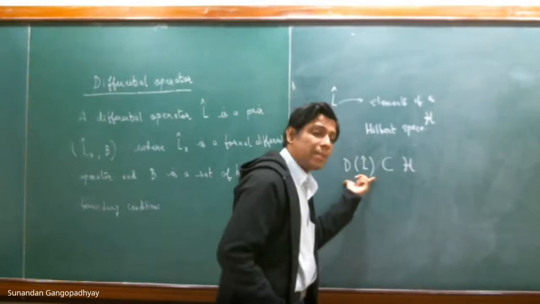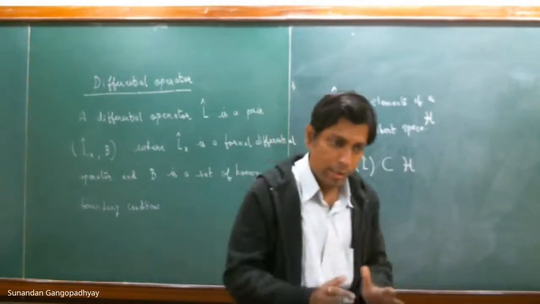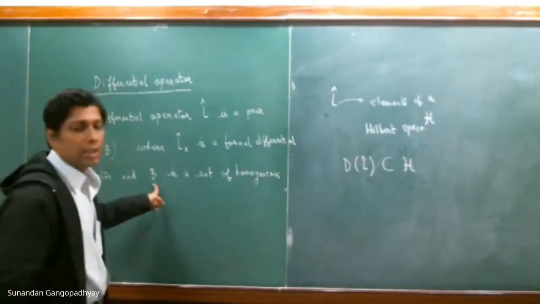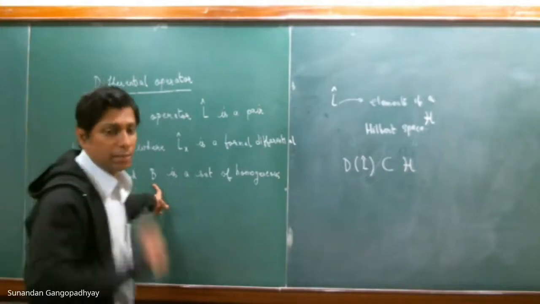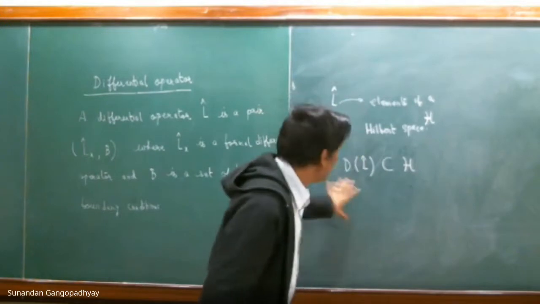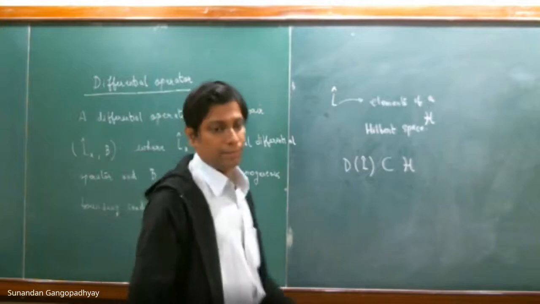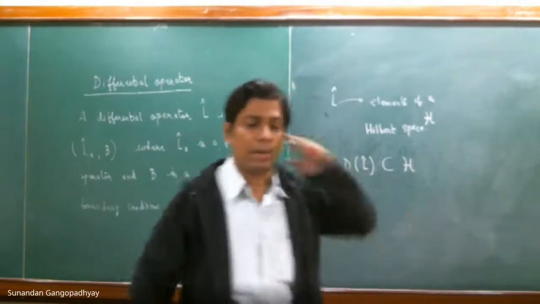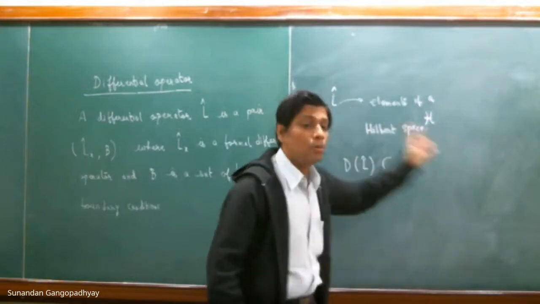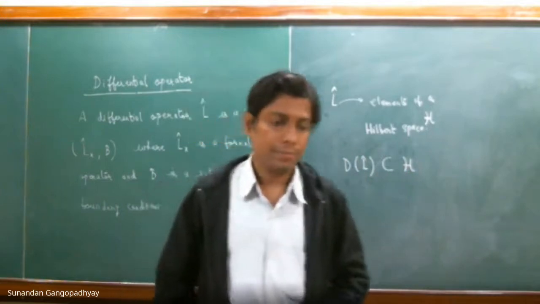And what does this subset comprise of? It comprises vectors in the Hilbert space which obey the boundary conditions B. That is very important. So L hat acts on D of L hat, the set of elements in H which obey the boundary conditions B. There are more elements in the Hilbert space, but L hat does not act on those elements because they do not satisfy the boundary conditions.